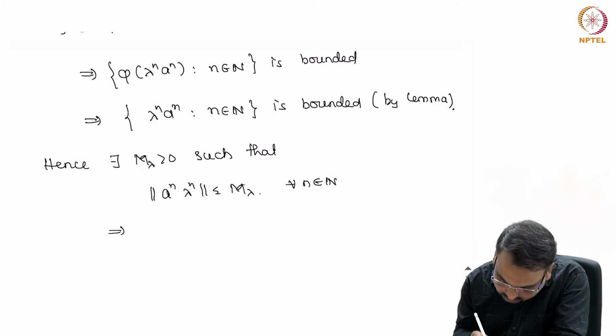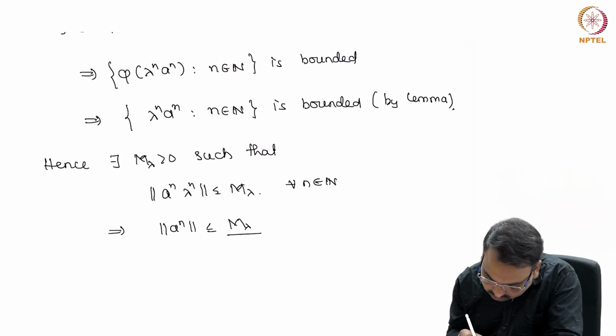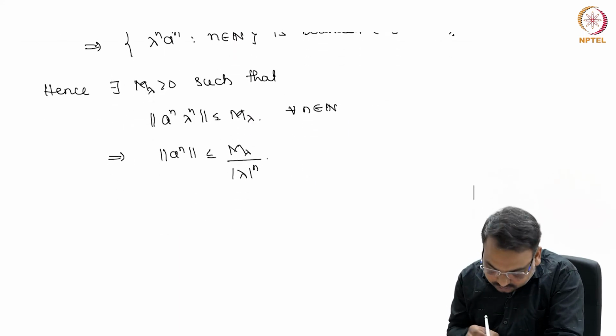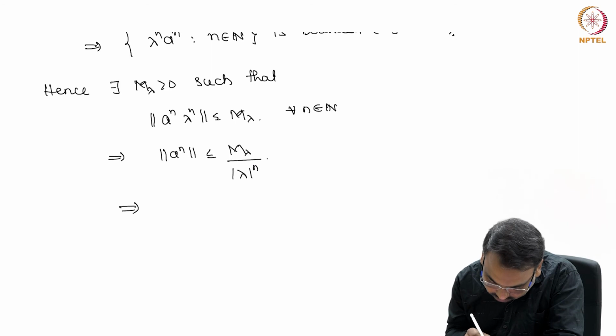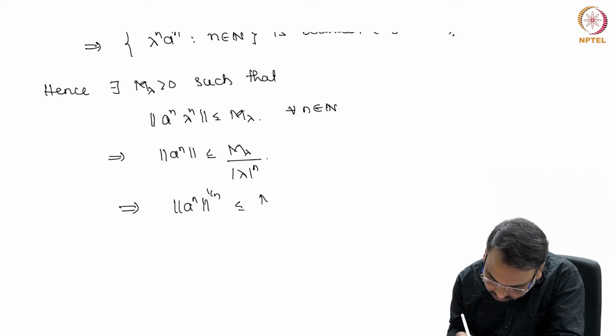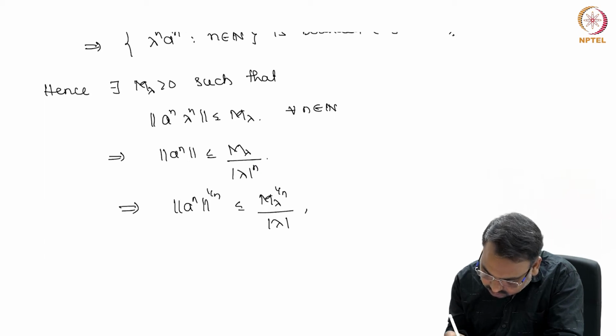So this implies norm of A^n is less than M_lambda divided by |lambda|^n. Okay, so if we take norm of A^n to the power 1 by n, it is less than M_lambda^(1/n) by |lambda|, and this is true for every lambda in delta.